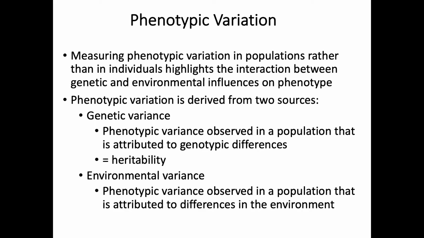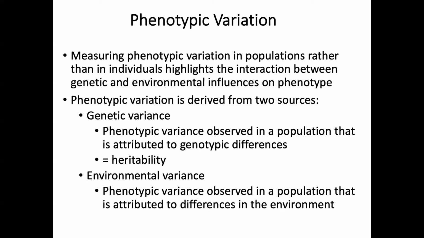Phenotypic variation is the variability in phenotypes that exist in a population. For example, people come in all shapes and sizes. Height, weight, and body shapes are phenotypes that vary. Measuring phenotypic variation in populations rather than in individuals highlights the interaction between genetics and environmental influences on phenotypes.